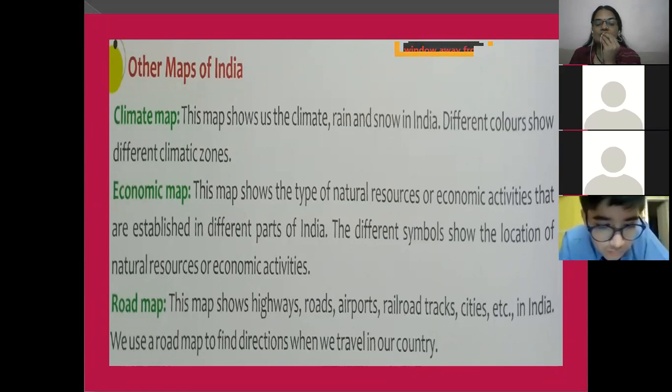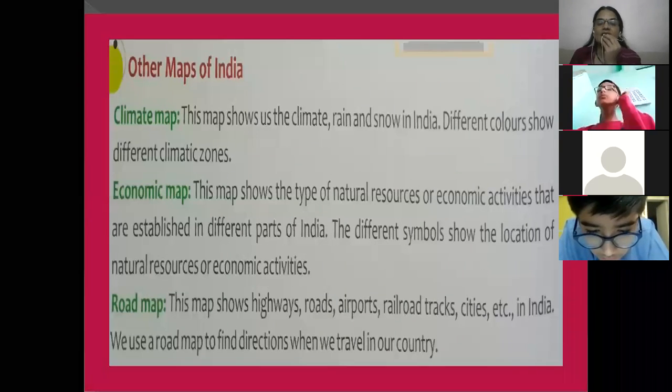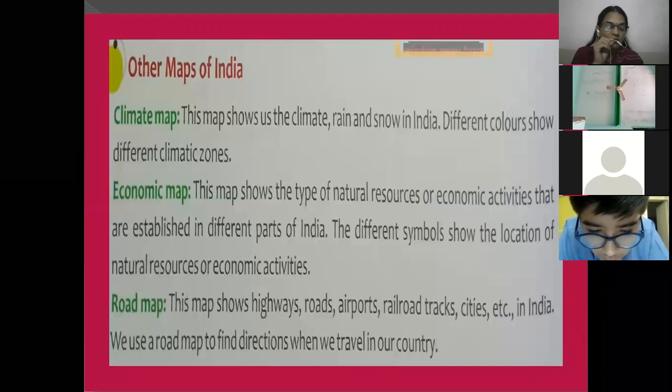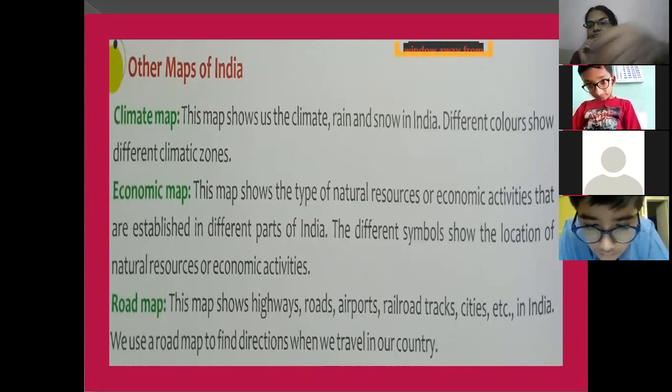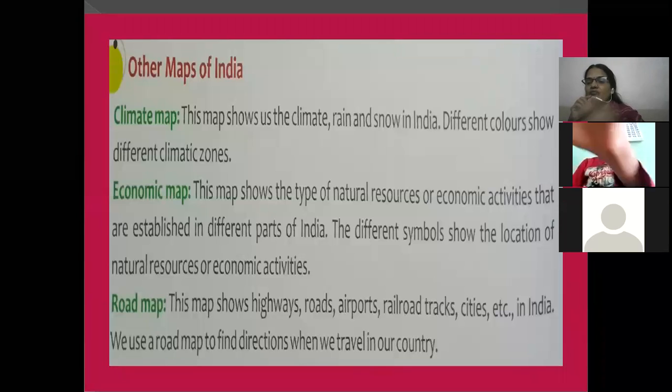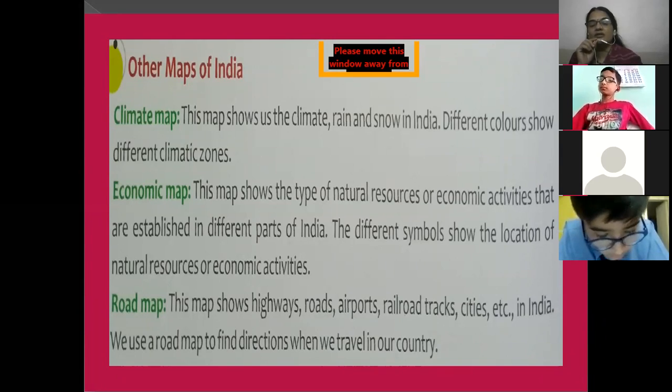And the first maps were used in 2300 BC by the Babylonians on a clay tablet. So Babylonians were the first people to use maps, students. And with the help of a map, it is easy for us to travel to different places.